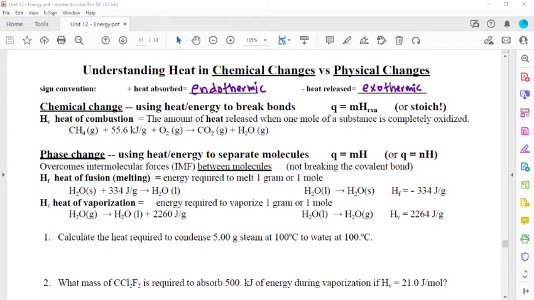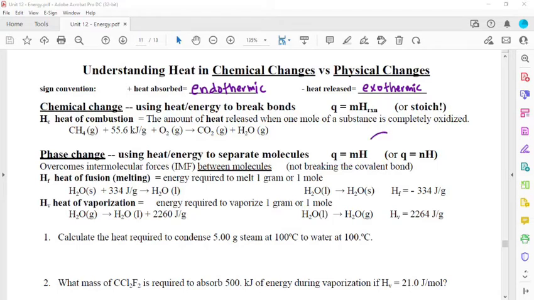Now, this is kind of a lead in to our phase change discussion, because even though we've been focused on chemical reactions so far, we can also quantify the amount of energy needed to make something change the state of matter it's in, from liquid to gas or from solid to liquid. And so we use a very similar equation here.